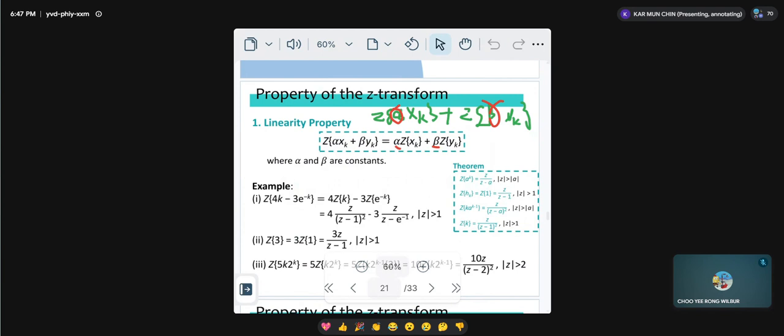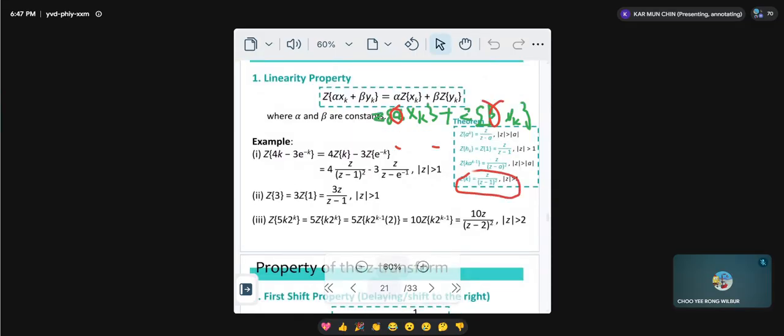You can bring the coefficient out, so basically you are solving Z transform of k and Z transform of exponential to the power of k. Z transform of k is Z over Z minus 1 squared. The 4 you just copy, and then Z transform of k will be Z over Z minus 1 squared.